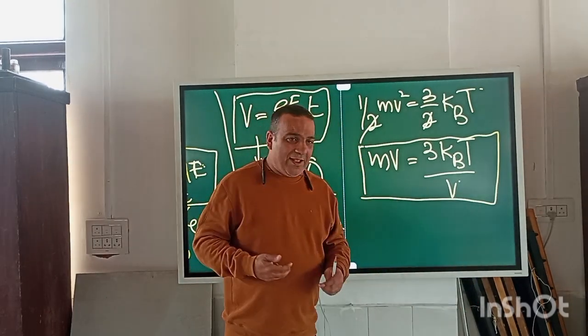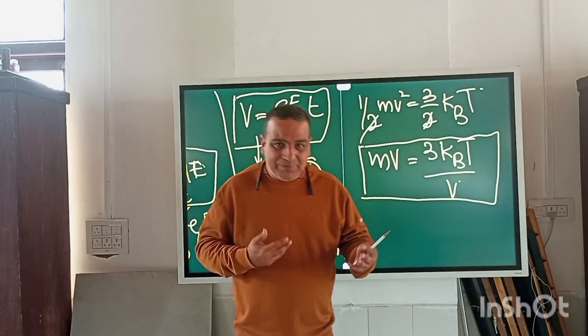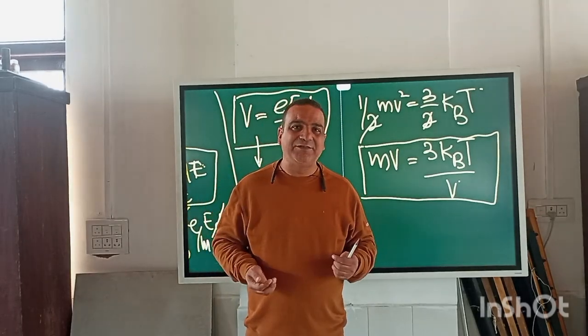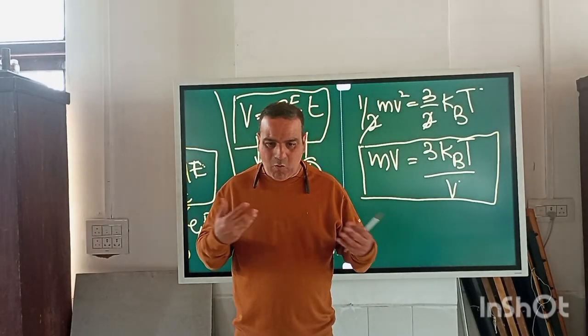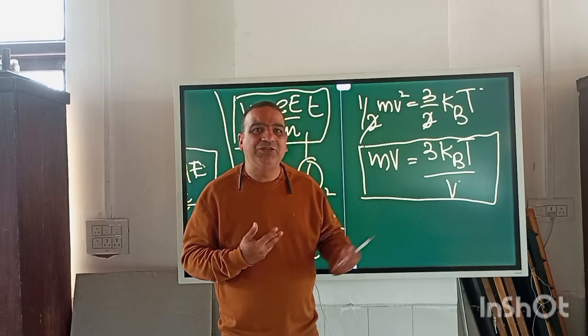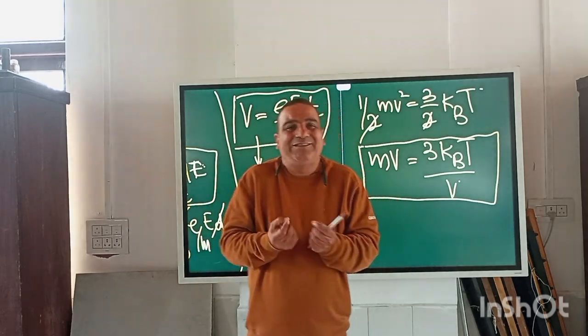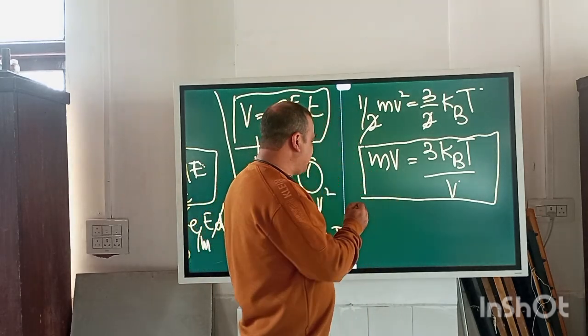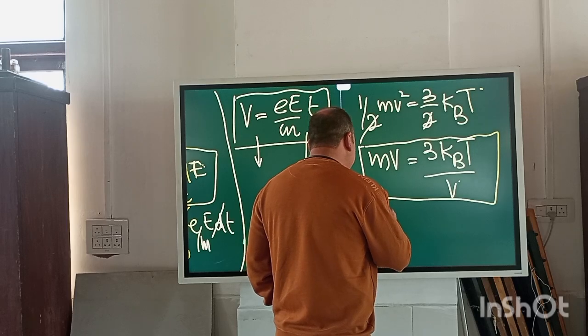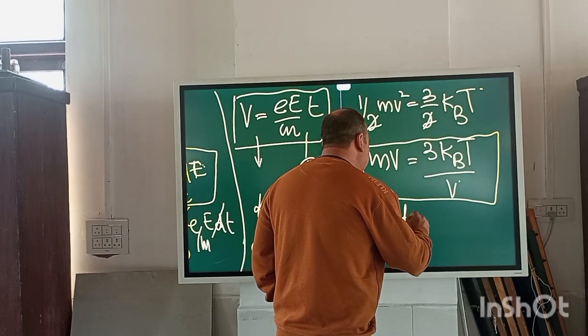Now, there is randomness, there is a range of electrons, and they will have collisions. And these collisions give birth to some important definitions. The very first definition is mean free path.